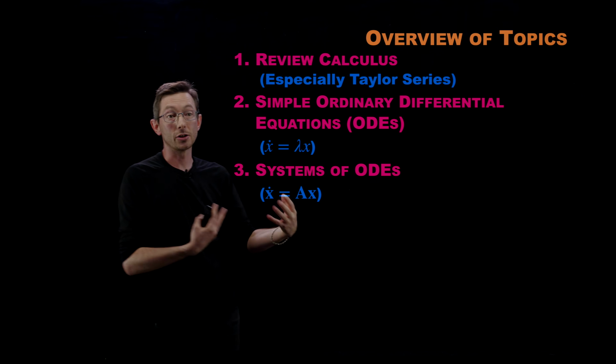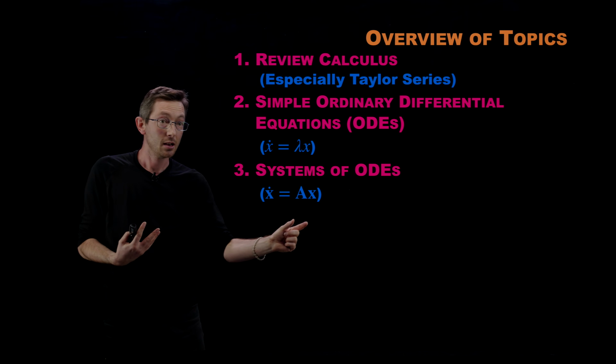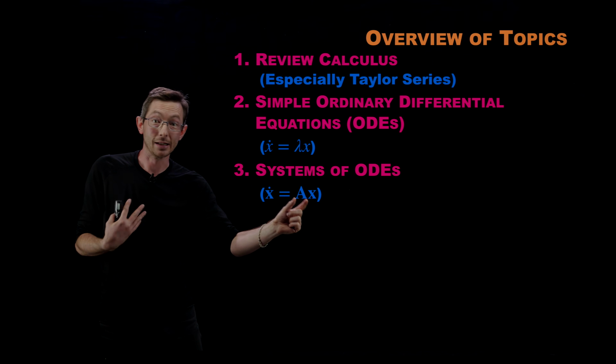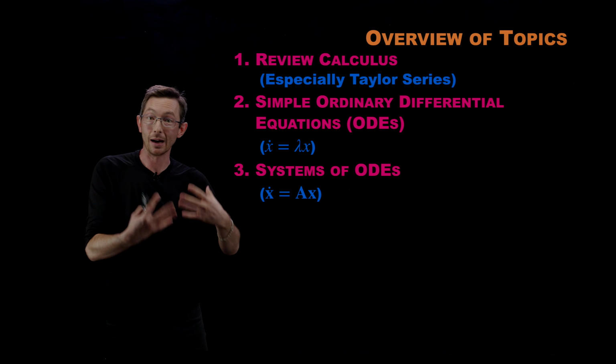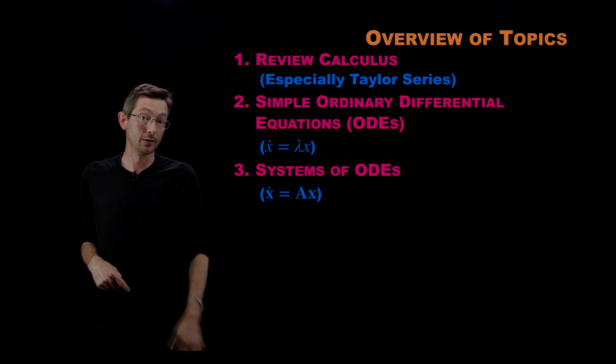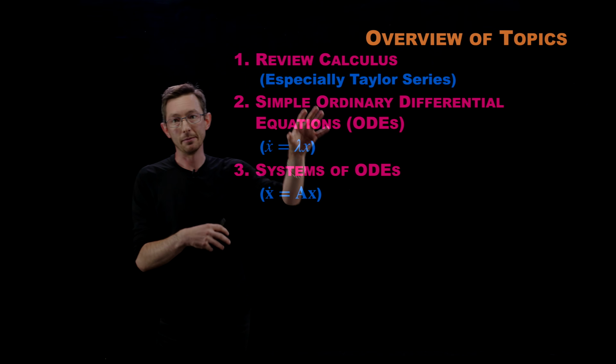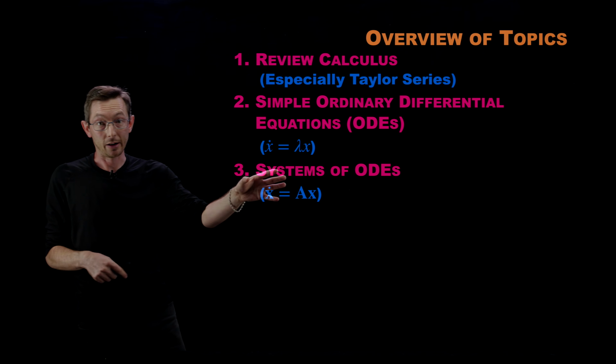And so now this differential equation is going to be a matrix system of differential equations, where A is not a number, it's a matrix that tells me how my system changes in time as a linear function of that system. Okay? So systems of ODEs builds on these simple ones, but very, very important.